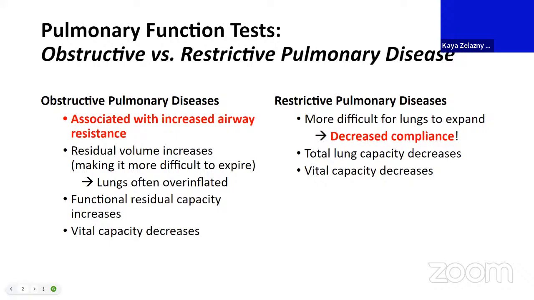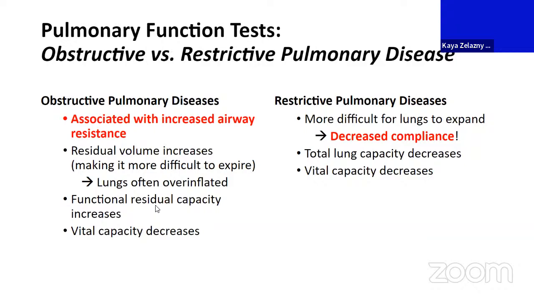Okay. So to understand our obstructive pulmonary diseases versus our restrictive pulmonary diseases, we're thinking about both the cause. Obstructive pulmonary diseases are associated with increases in resistance, restrictive pulmonary diseases with decreases in compliance. And we're also going to see that this has impacts on those different capacities.